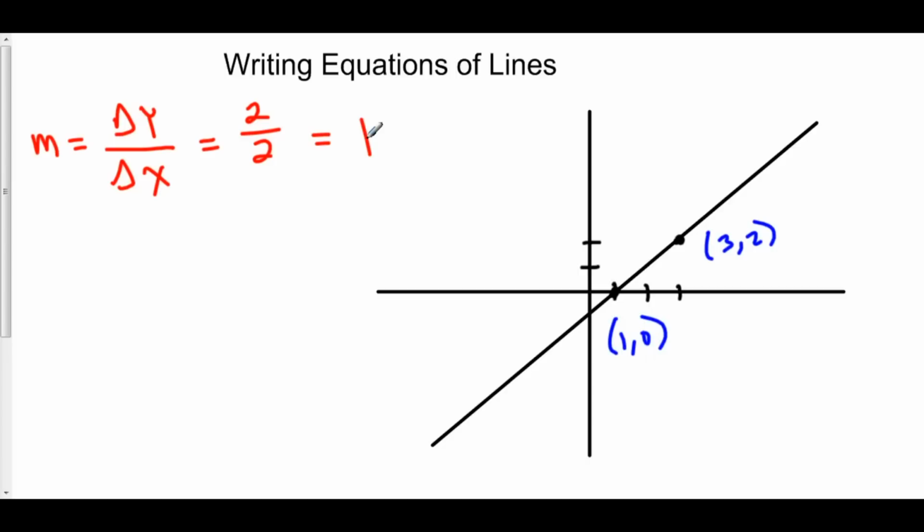Or you can use the formula if you actually don't have a graph. We know that because slope is the change in y over the change in x, the change in y is y2 minus y1, and the change in x is x2 minus x1.